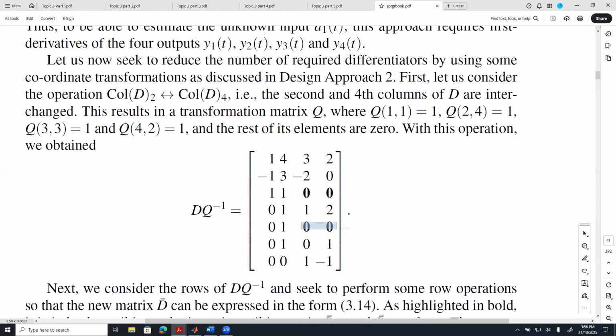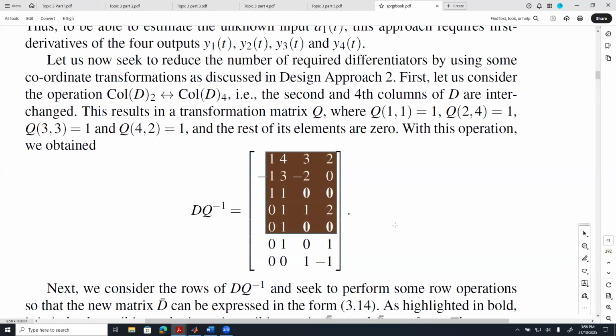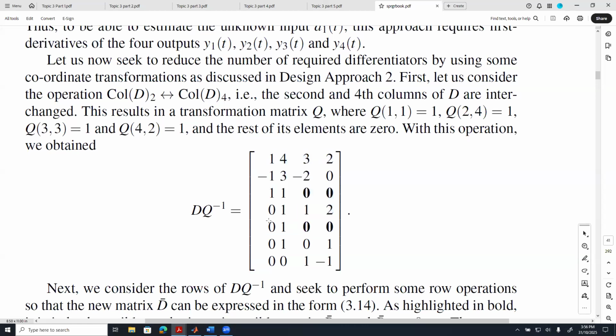And remember there are 5 output measurements. So that row in here still belongs to the output measurement vector, and all of the rest of them here belong to the 5 output measurements.